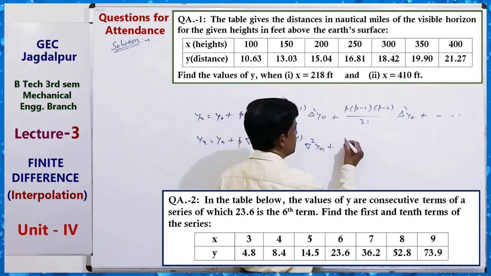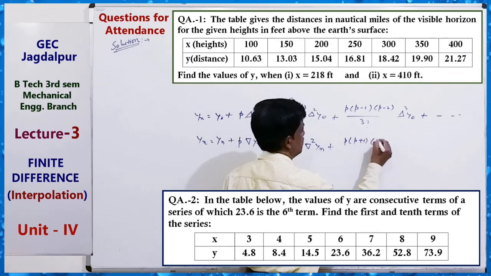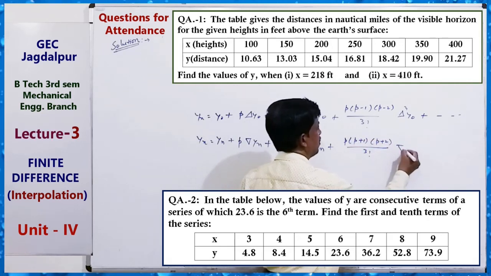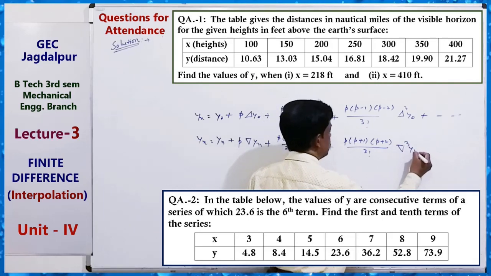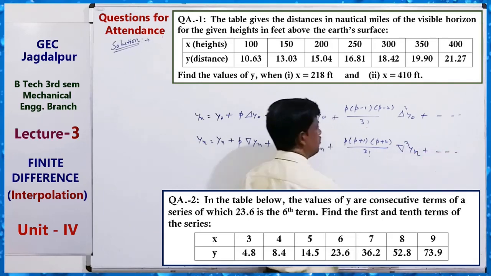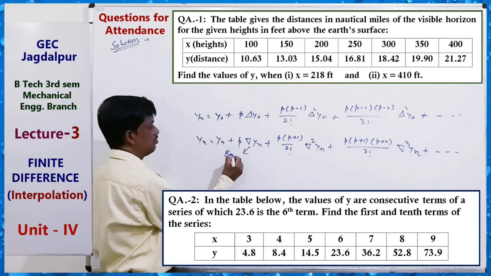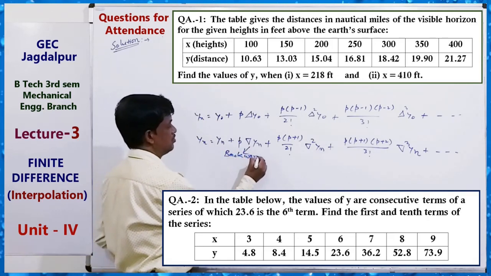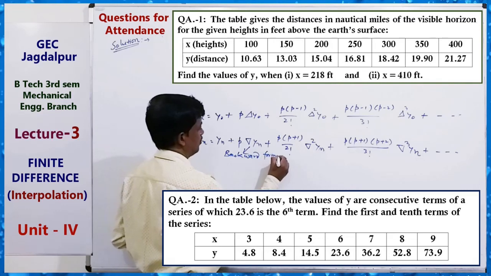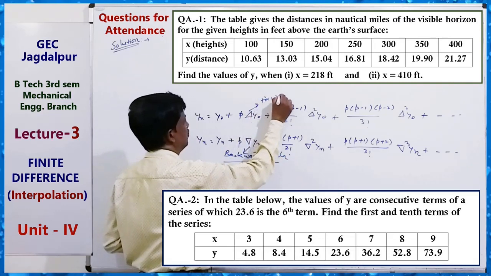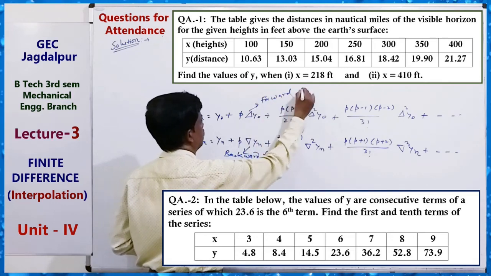Then 3 factorial and backward differences at yn. This is the backward formula, and this is the forward formula.